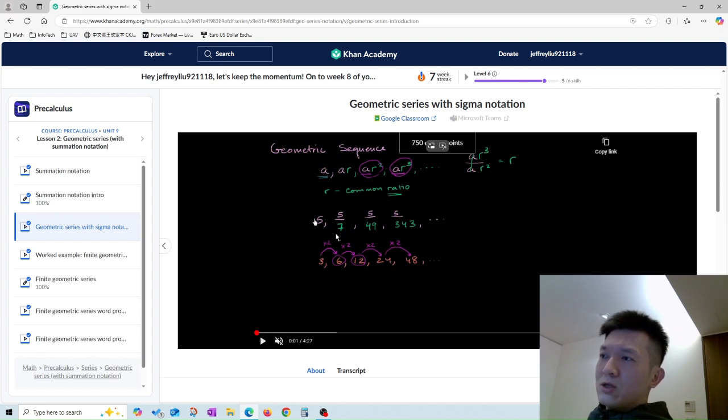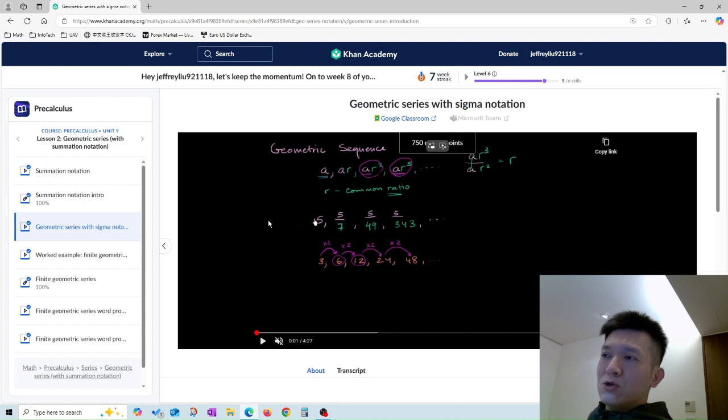So what about this one? This is 5 over 7, and you multiply by 1 over 7 every time you jump a term. When you add them together, you use your geometric series formula for how to sum them up.